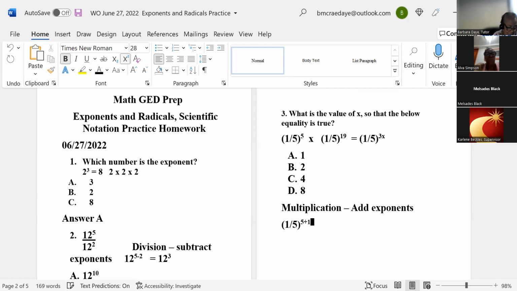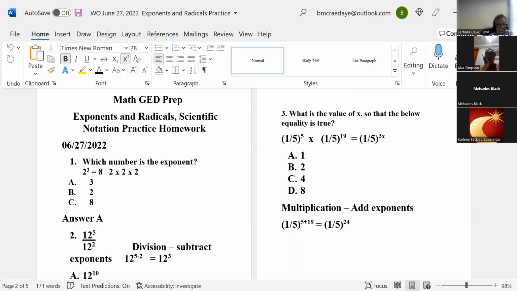And what did you say that was, Alva? Equal 24. Okay, so the power now will be 1/5 to the 24th. So let's put the 24th power here.